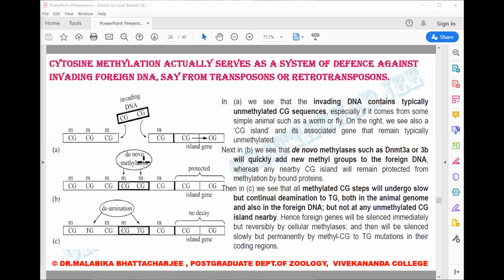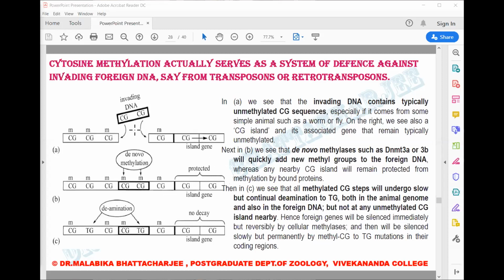As I said previously in today's morning class, certain proteins remain bound to the CG islands and protect the unmethylated CG islands. So this is protected.